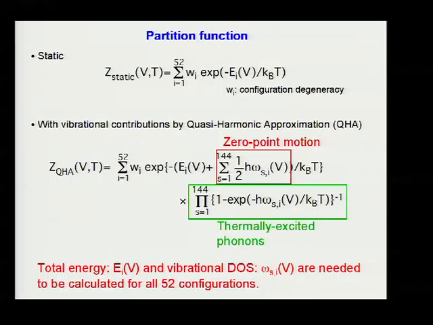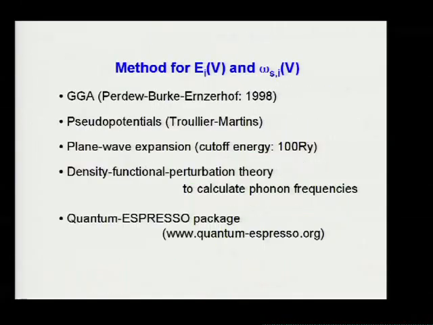After we calculate this partition function, we can calculate all thermodynamic quantities. Therefore, in order to investigate ice VII and ice VIII, what we need is to calculate the total energy and the vibrational density of states for all 52 configurations. After that we can calculate the partition function.